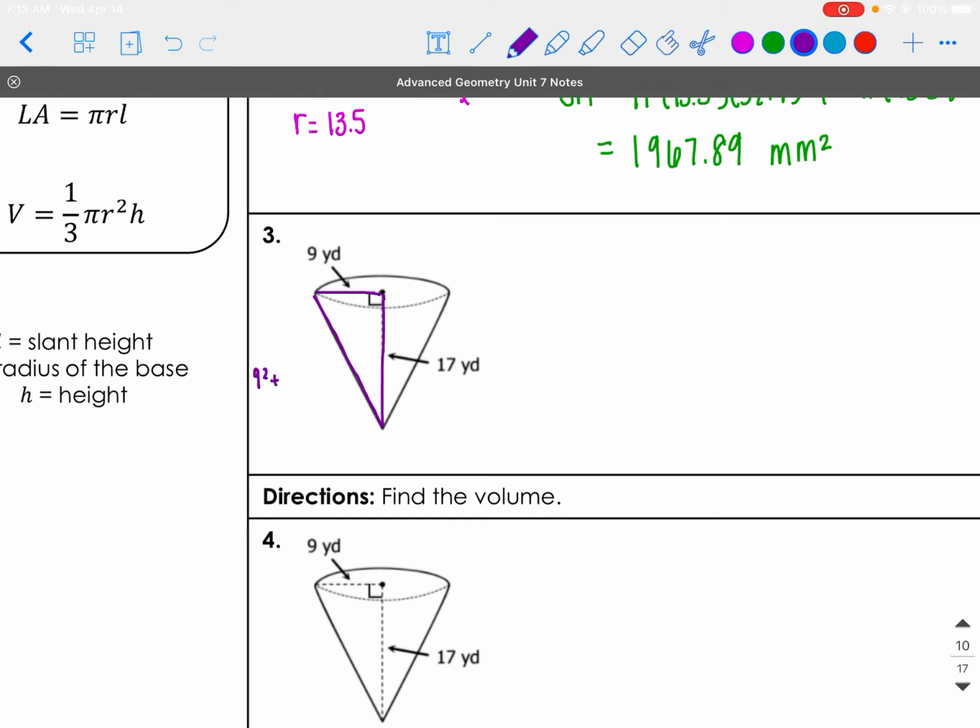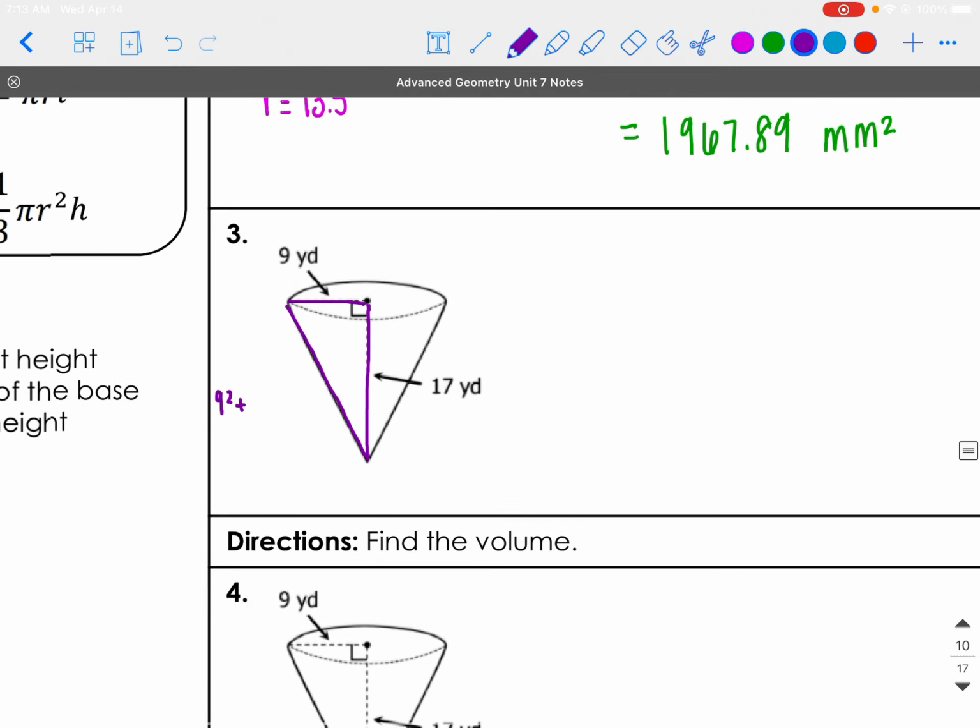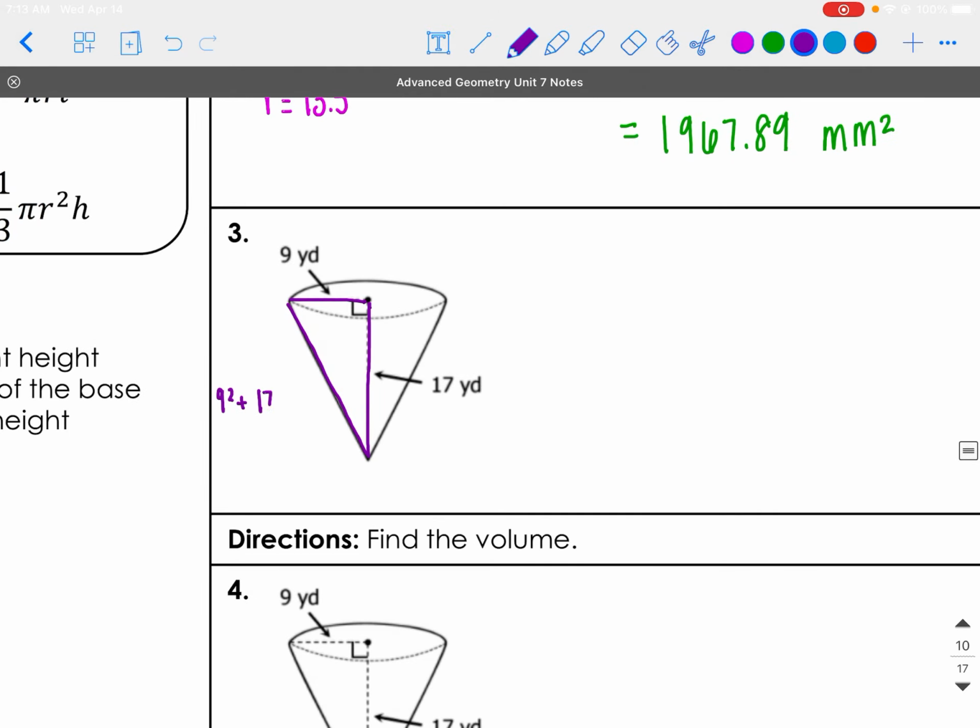We've got 9 squared plus 17 squared equals c squared. 9 squared plus 17 squared is 370. Then we take the square root, and we get 19.24 equals c, which is our slant height.